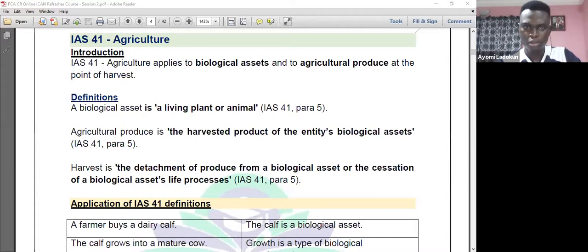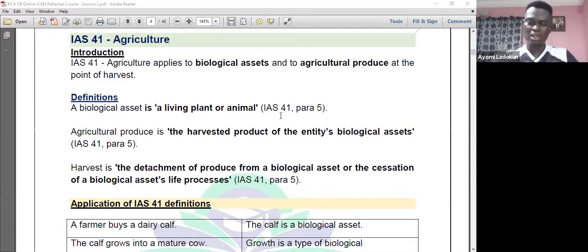So when I have a cockerel and the cockerel lays eggs, that is agricultural produce. So what it means is, if a farmer buys a calf, that's a young calf, that calf is a biological asset because it's a living animal.